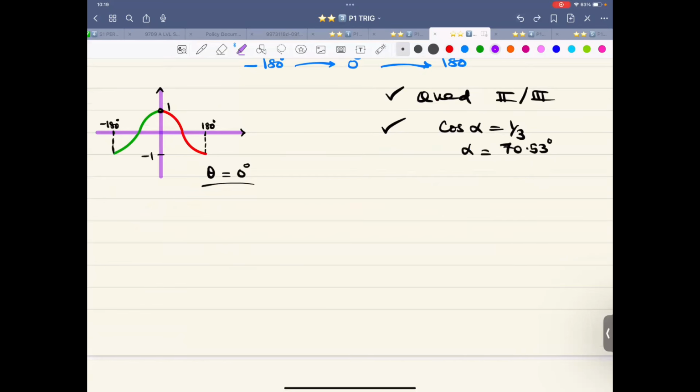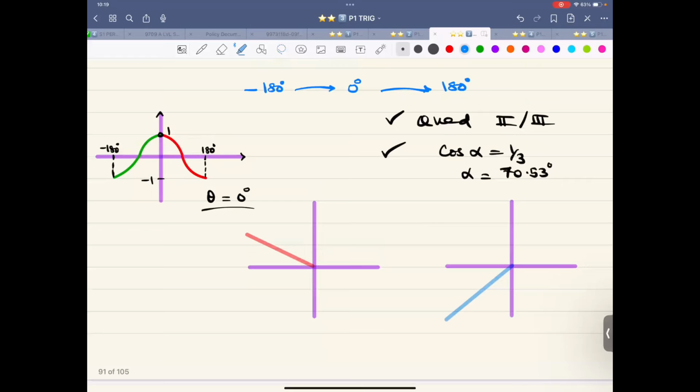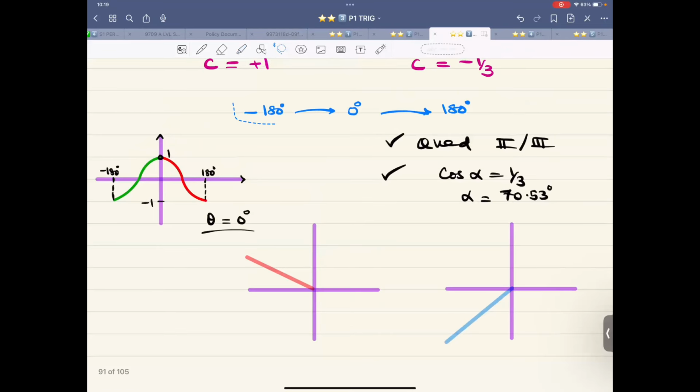Now let's play quadrants. Let me go back a little bit down, copy it, and paste it over here. Second quadrant is over here, and third quadrant is over here. Now look at the range.